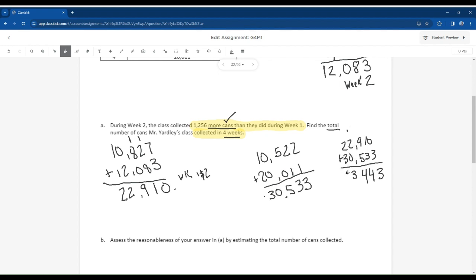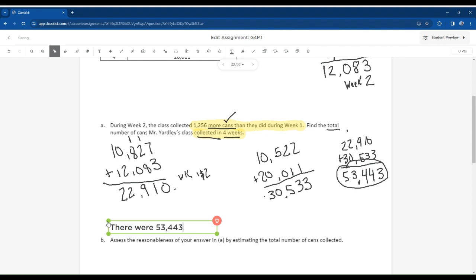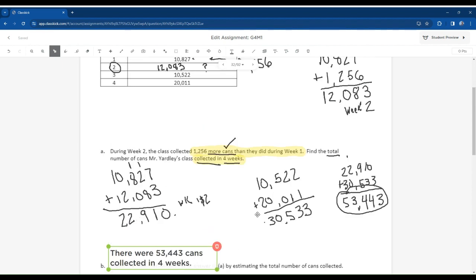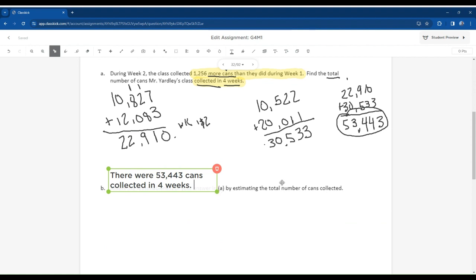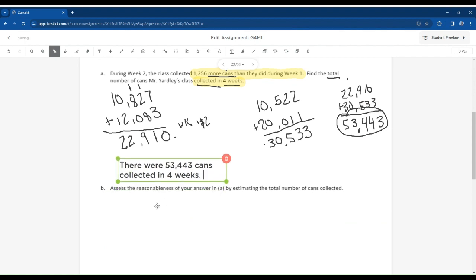And then 2 plus 3 is 5 to make 53,443 cans collected in 4 weeks. So there were 53,443 cans collected in 4 weeks.